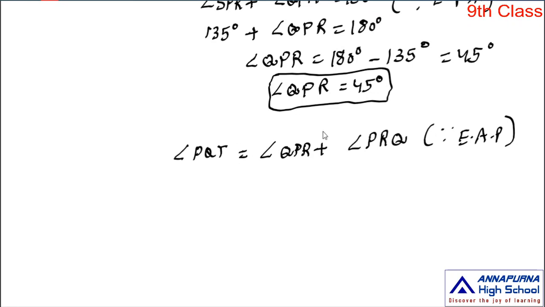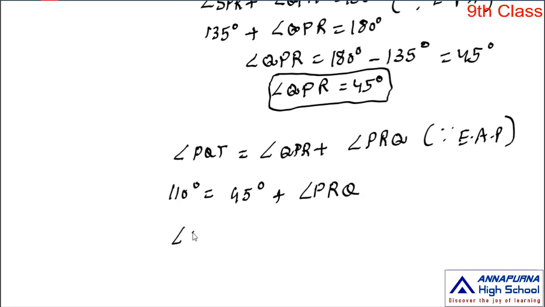Substitute angle PQT is equal to 110 degrees, is equal to angle QPR, which is 45 degrees, plus angle PRQ. Transpose 45 degrees to left hand side.